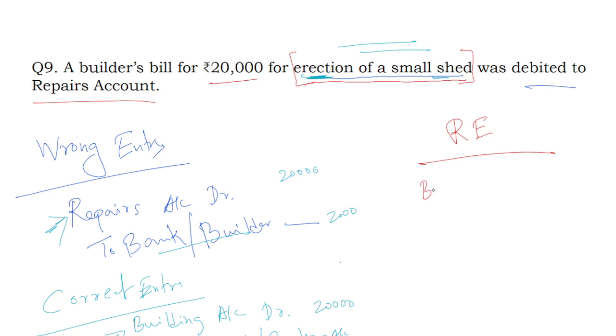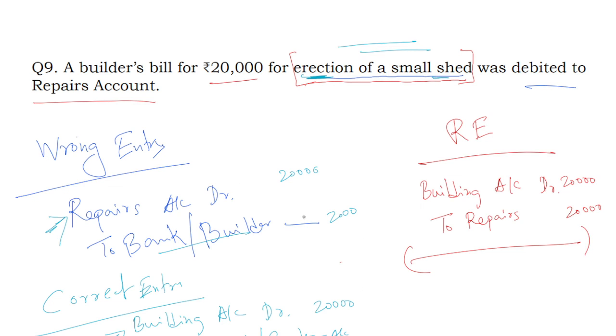So we have to write building account debit 20,000 to repairs account, repairs 20,000, right? So this is the entry.